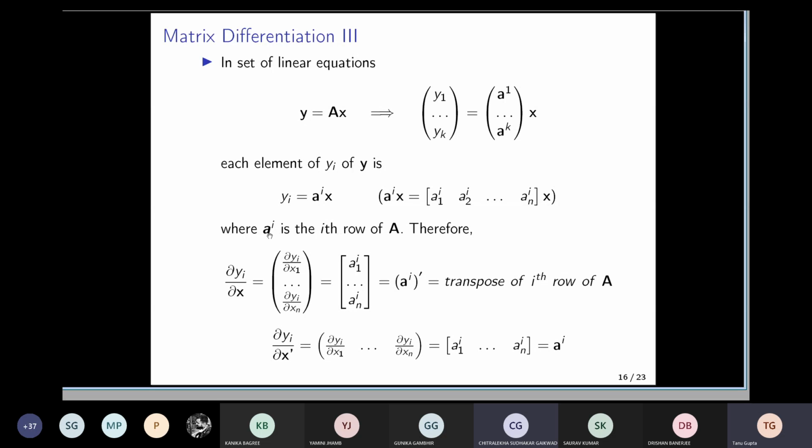Yes, I am using a notation where Ai is the ith row of matrix A, and A1 is the first row of matrix A. So effectively it is a row vector, because I'm taking the first row.